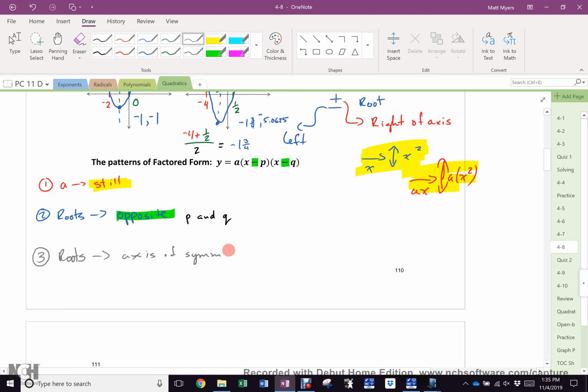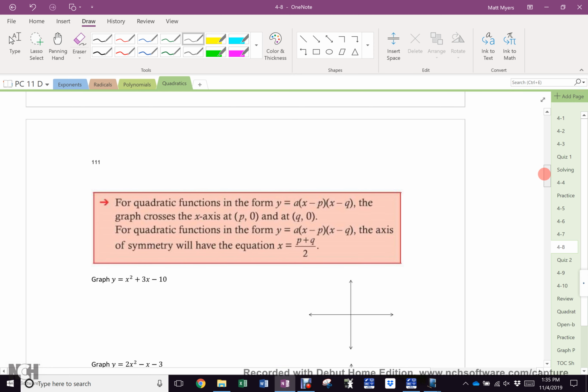Why? Because P plus Q divided by 2. Everyone's cool, yeah?